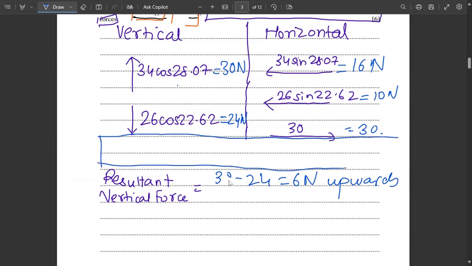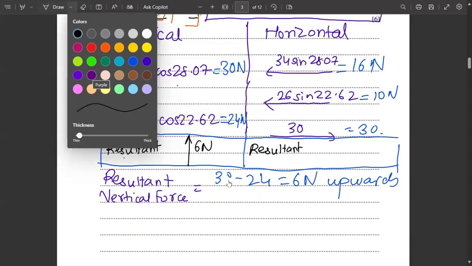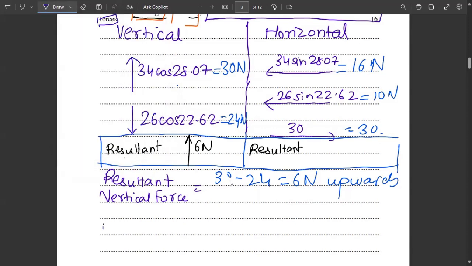So the resultant is 6 Newton upwards, and the resultant horizontal force is equal to, if we do force on the right minus forces on the left, the force on the right is 30, minus forces on the left are minus 16, minus 10.